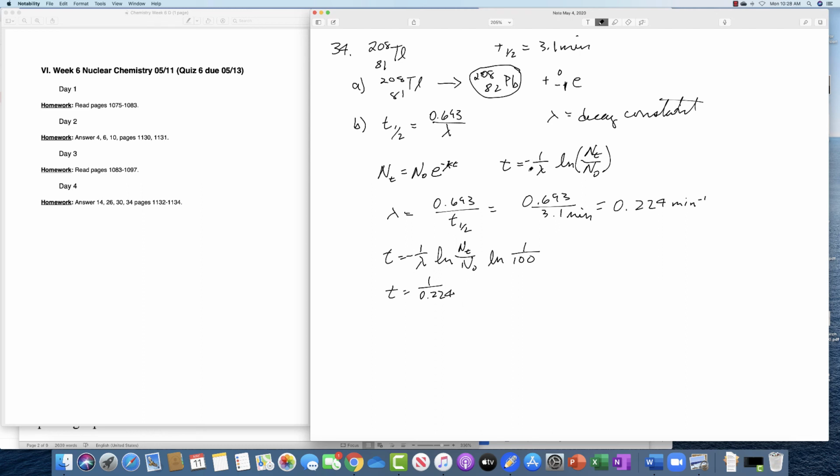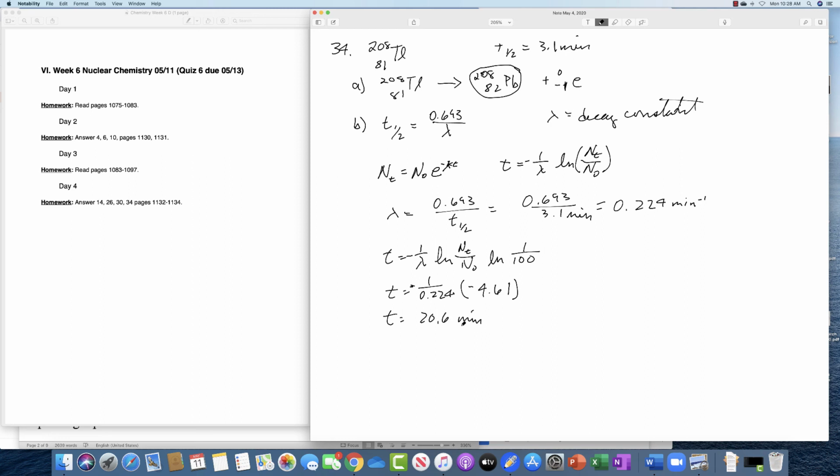So the natural log of this is minus 4.61. Now if we take that and do the math here, T is going to equal 20.6 minutes.